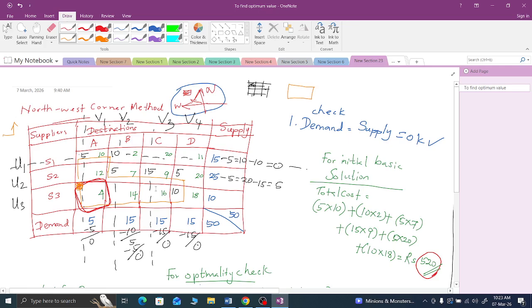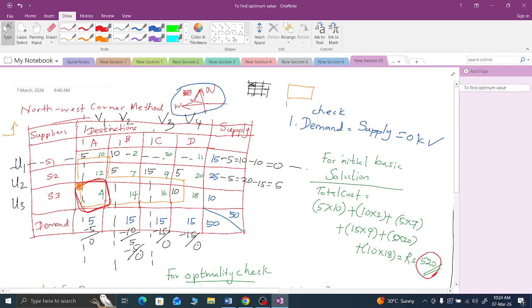So for this special case, we have to find the minimum allocation, right? Here we have to put plus and minus signs. Starting from our starting place, I will use this one and put the plus and minus notation now, right?